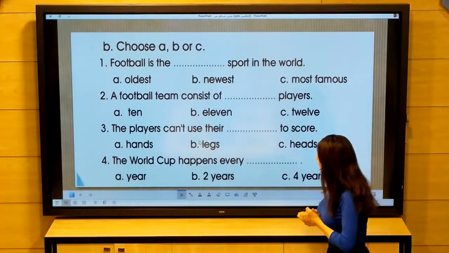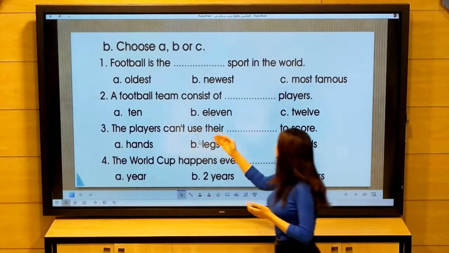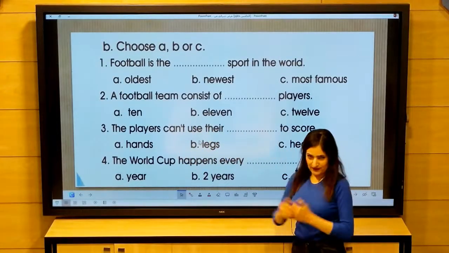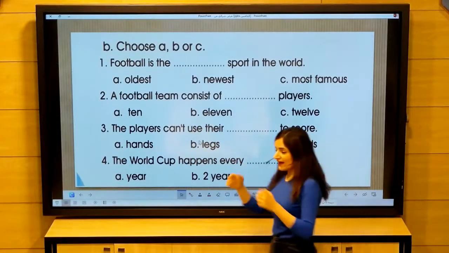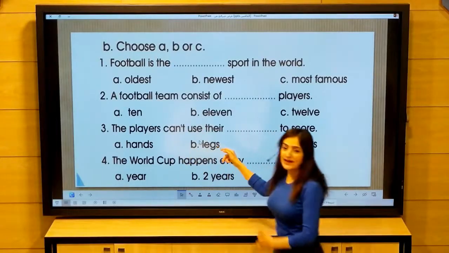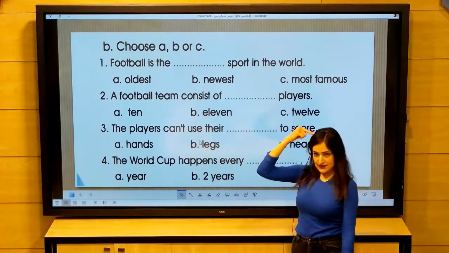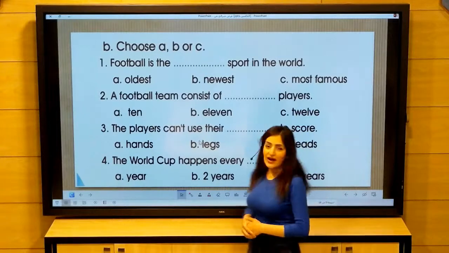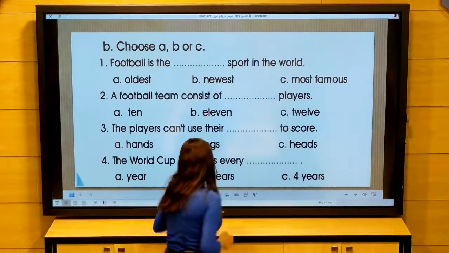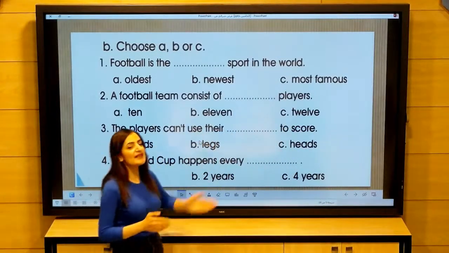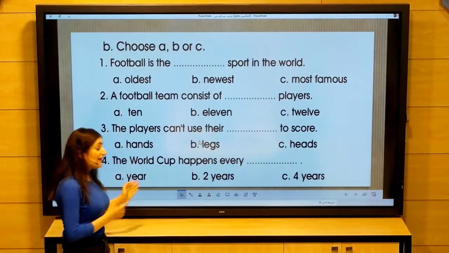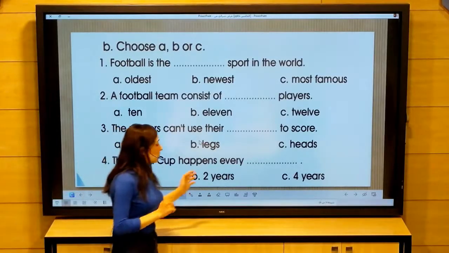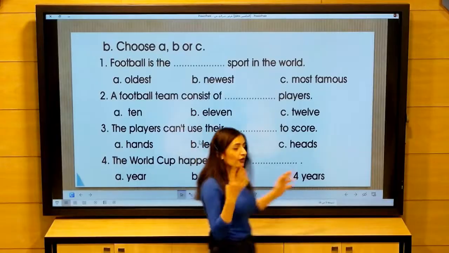Number 3, the players cannot use their hands, legs, or heads. What is the right answer? Finally, number 4, the World Cup happens every year, 2 years, or 4 years.